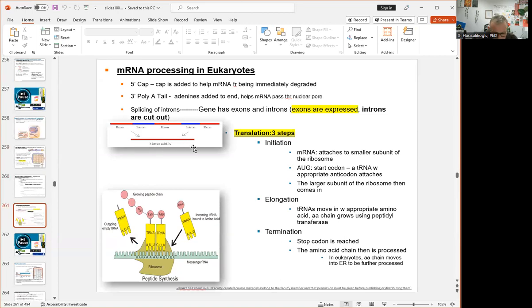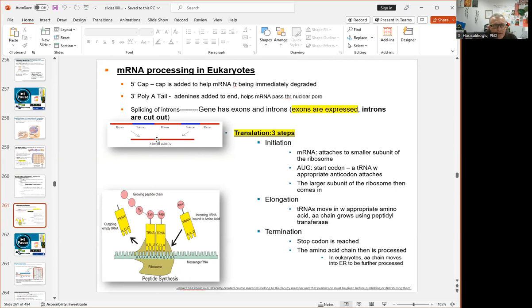A few things happen to this mRNA. First, there are these exons and introns. You can see here exon, intron, exon, intron. You can see the introns got cut out. Exons are the parts that are expressed. So the introns are gone, and now this is mature mRNA.